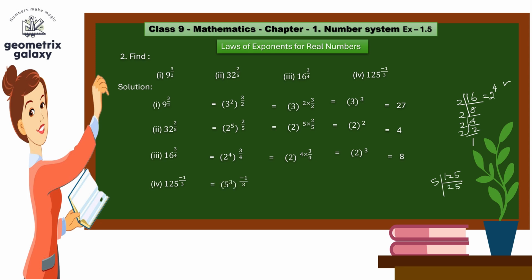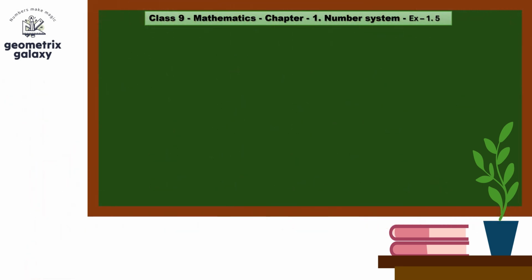So 5 cube to the power minus 1 by 3. So it is power of power. So we need to multiply the powers. 5 to the power 3 into minus 1 by 3. 3 and 3 will get cancelled. The answer is 5 to the power minus 1. So I can write it as 1 by 5.